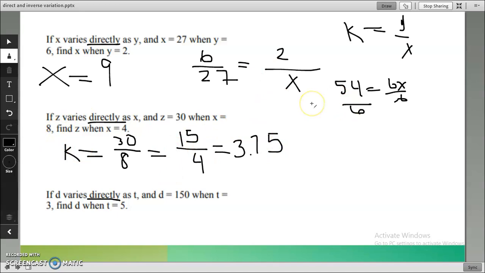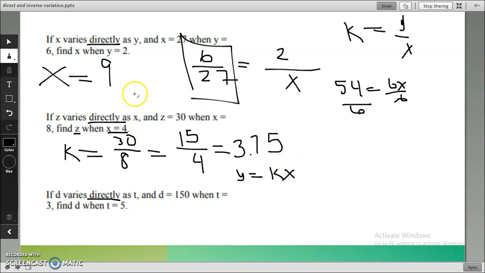So now I can plug this in. This time I found k. The last one I didn't find k. Technically I did because I can use this value for k. But we'll take what we have here. So k equals 3.75 and we'll plug it in to find z when x is 4. And so for the formula, we remember it's y equals kx.